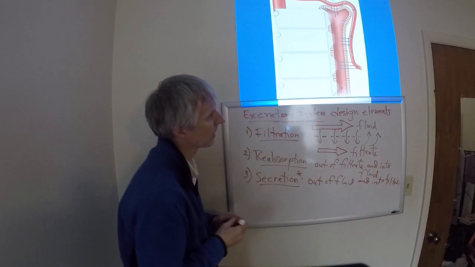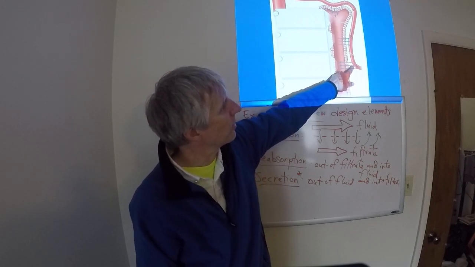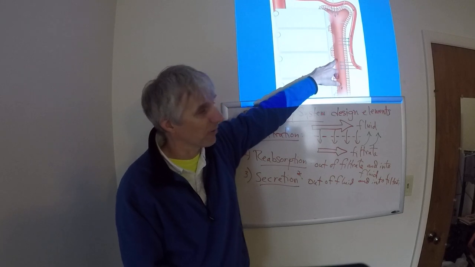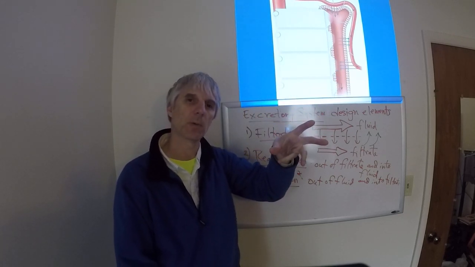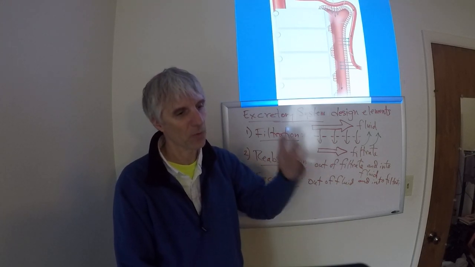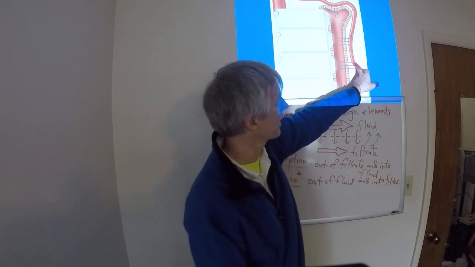Okay, so here is secretion. Some of the molecules that we want to get rid of didn't get filtered into the filtrate. They were too big probably, or maybe there was too much of it and it couldn't get through the fenestrations fast enough and it was carried through over to here.